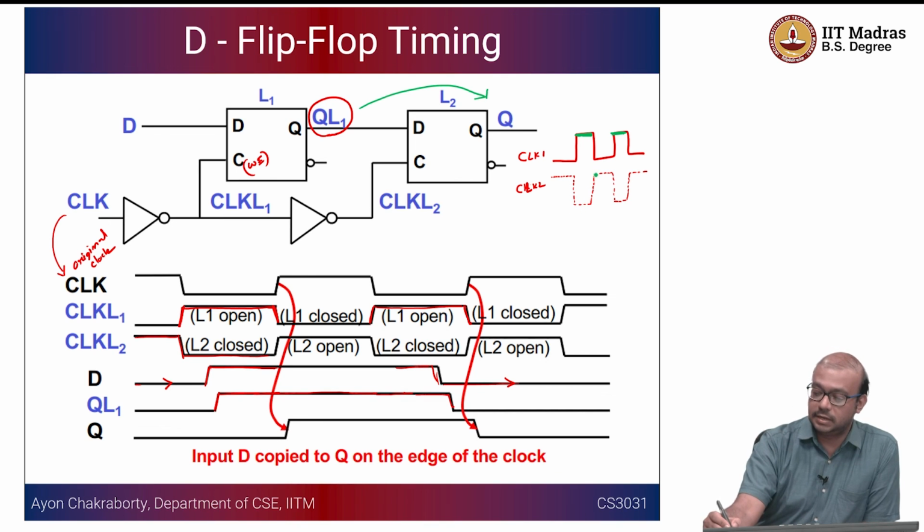Here you can see that there is only this period of time when clock 2 is high as well as you have the value of QL1 written from D. Intuitively, you can understand these are the edge triggers.